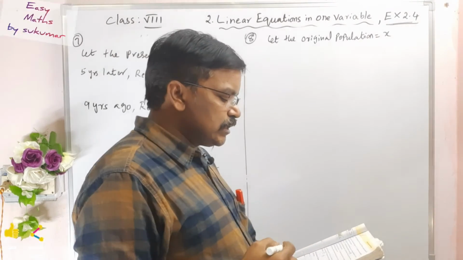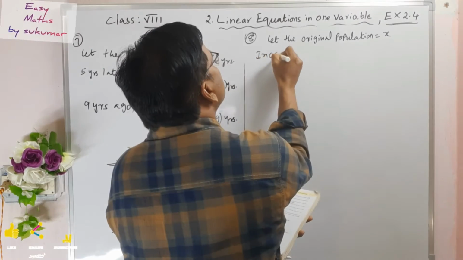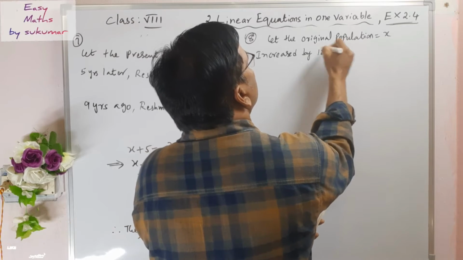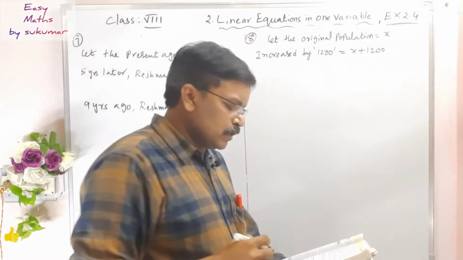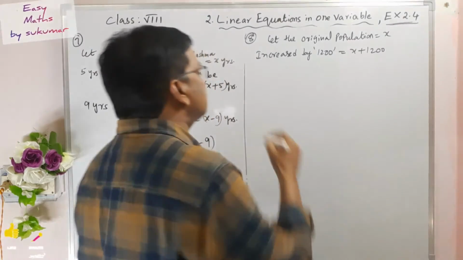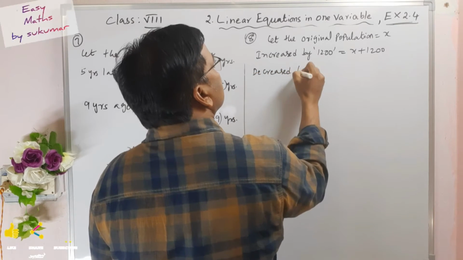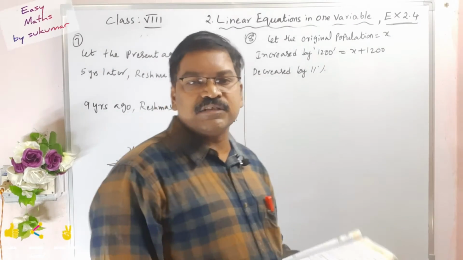See, my dear students, here the town's population increased by 1200. That means x plus 1200. Now this new population decreased by 11%, which means x plus 1200 is decreased by 11%.